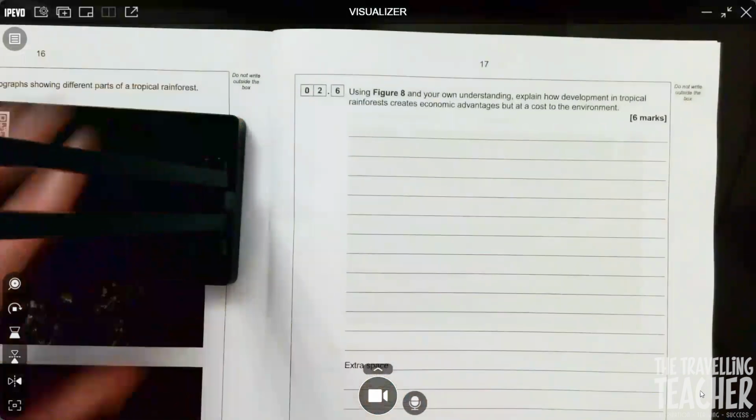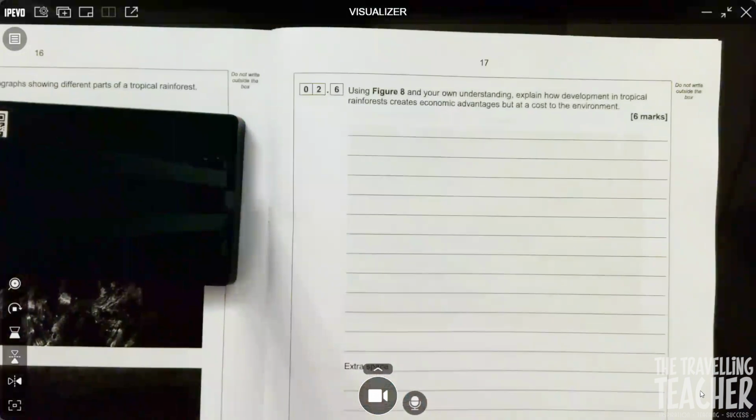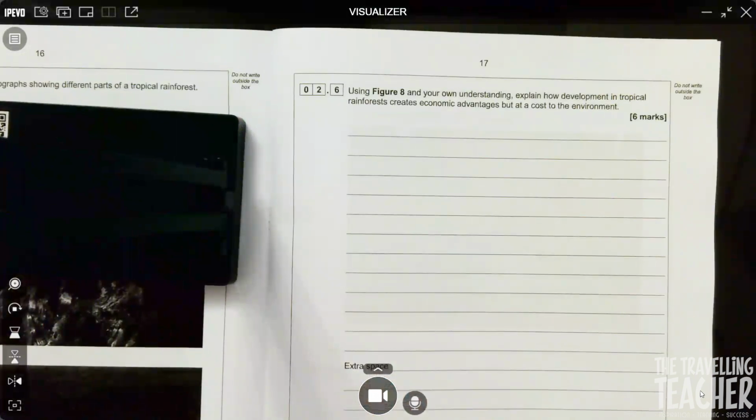Question 2.6. Using figure 8, the 2 photographs you can see on the opposite page, which are showing different parts of a tropical rainforest. Explain how development in tropical rainforests creates economic advantages, but at a cost to the environment. Here we go.